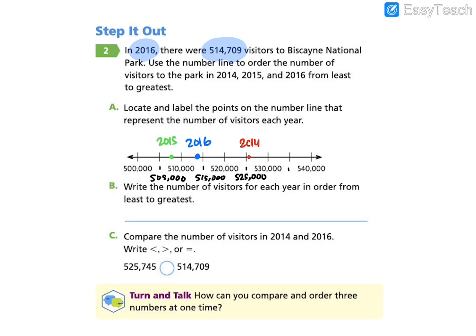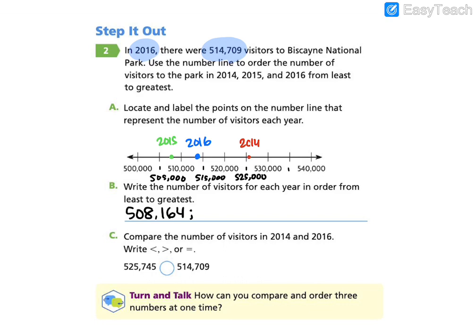So now we need to write the number of visitors for each year in order from least to greatest. We know that 2015 had the least amount. So we need to write the number of visitors, which was 508,164. When ordering our digits, we're going to put a semicolon in between.